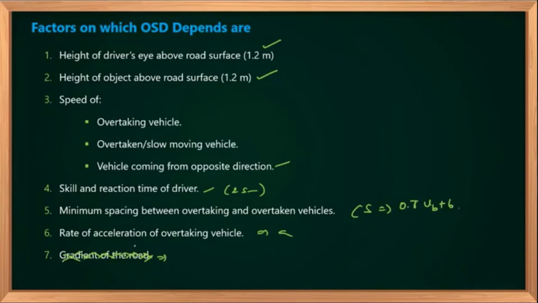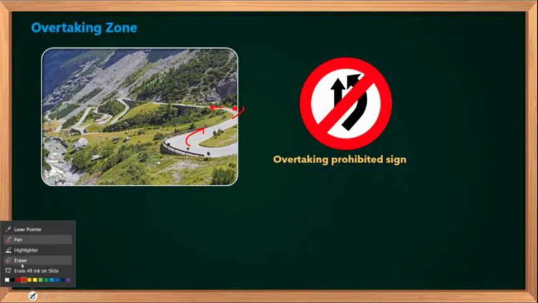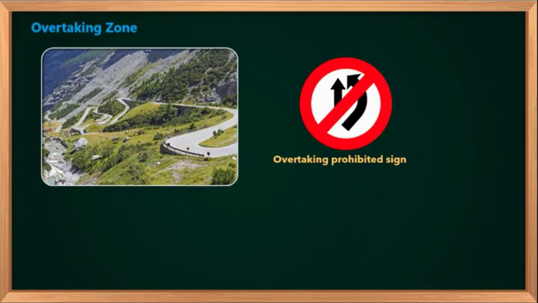Next, overtaking zone. See here, if the stretch is like this, when this fast moving vehicle should overtake, there is no place for him to overtake, right? So if this is going for such a long distance on highways, they will provide some overtaking zones, so that they will say that now you can overtake.